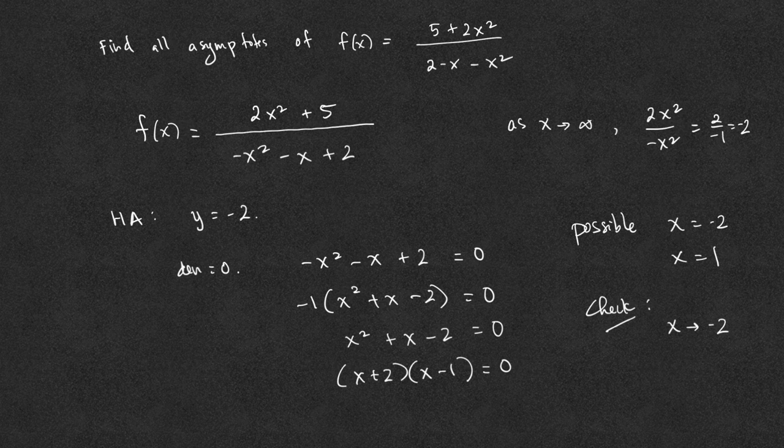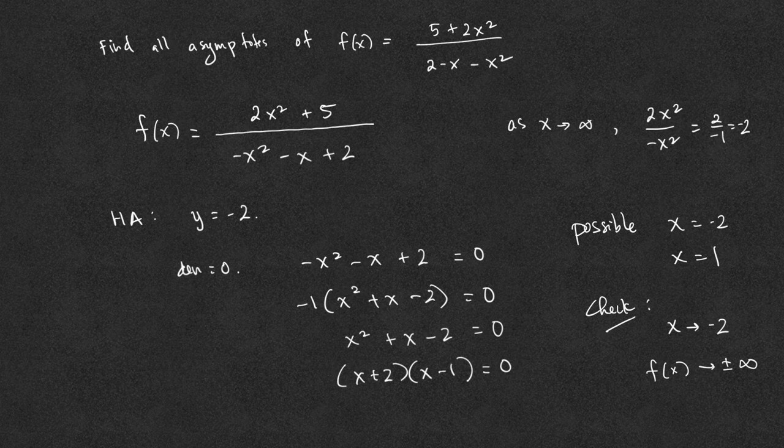Meaning, if we check x going to these values and the function f of x approaches either positive or negative infinity, then we will end up with a vertical asymptote.